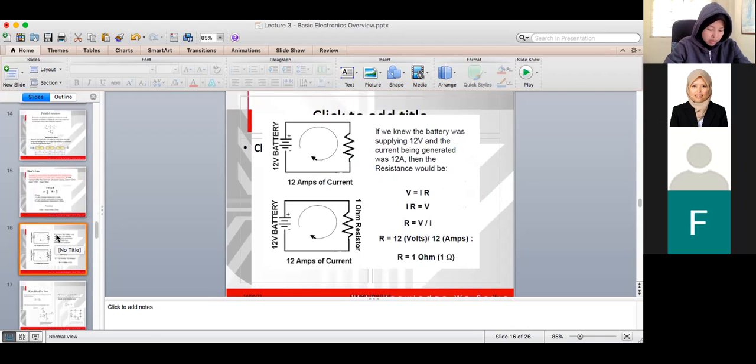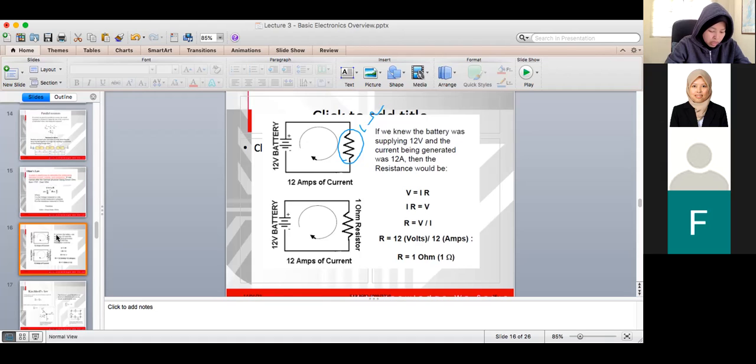Okay, this is the very basic Ohm's law, V equals IR. So for example, you have a battery with 12 volts and then you have a resistor here, and the resistor is only 1 ohm. So what is the current?